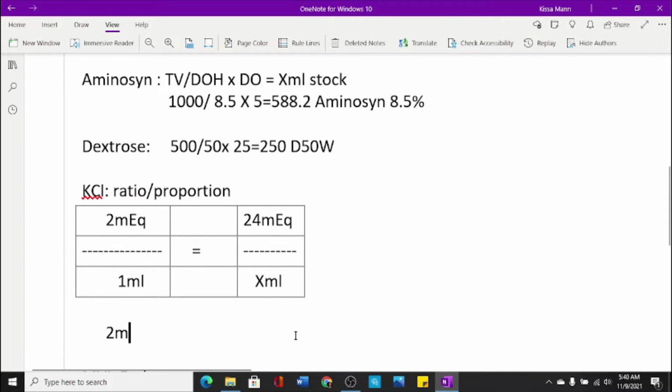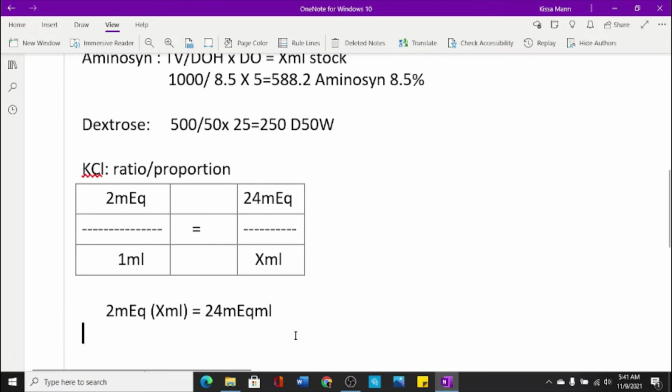2 milliequivalents per unknown volume, X milliliters, equals 24 milliequivalents per milliliter.